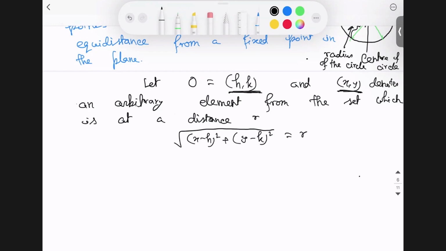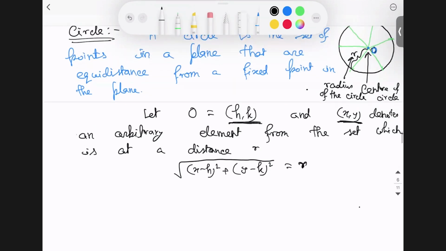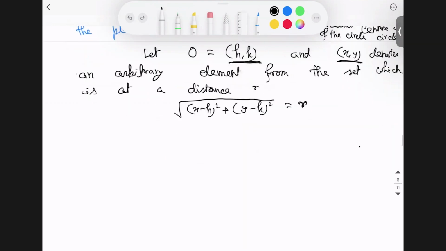That will be r. Why r? Because we have considered that the elements (x, y) are all those elements which have distance r from the point (h, k). So obviously this equation will be true, right? Then this implies (x minus h) whole square plus (y minus k) whole square is equal to r square.